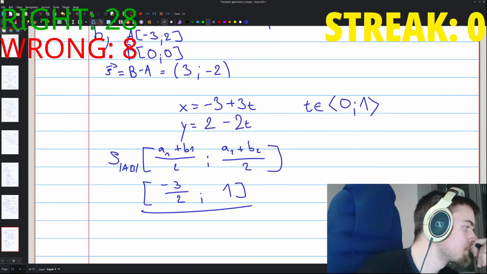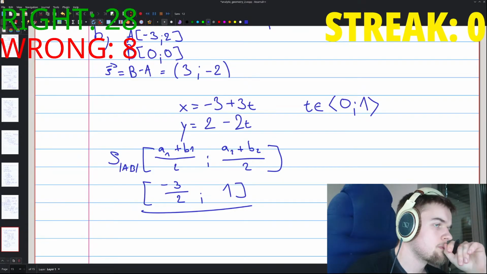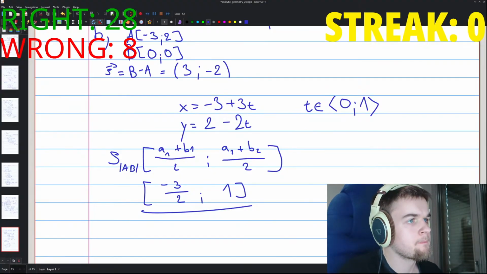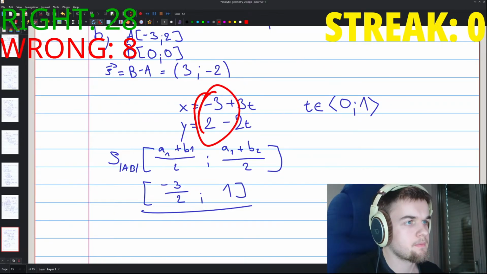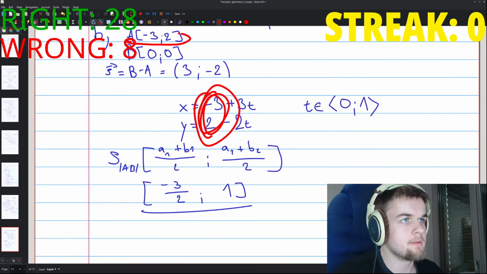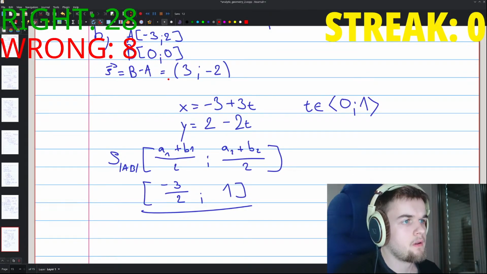Okay, well, this is actually interesting because logically these two numbers are basically these numbers from the point, and they chose B. So I wonder, it should be the same.